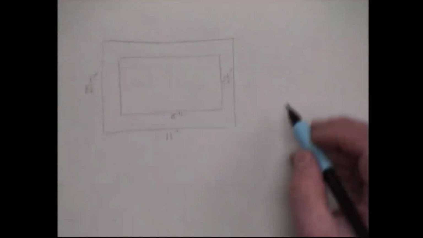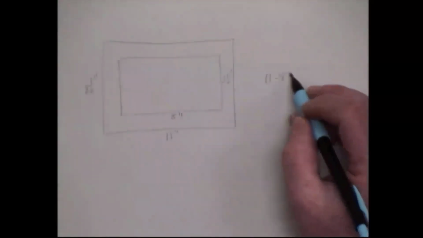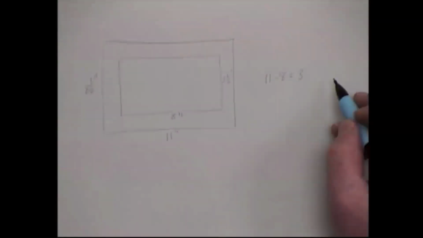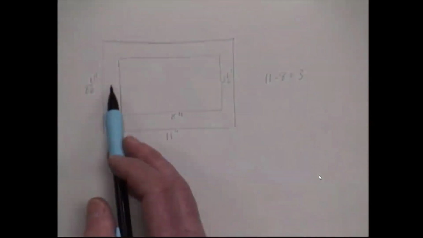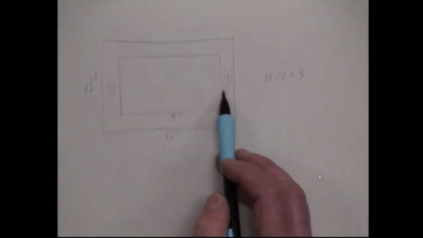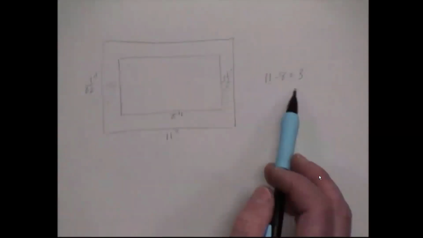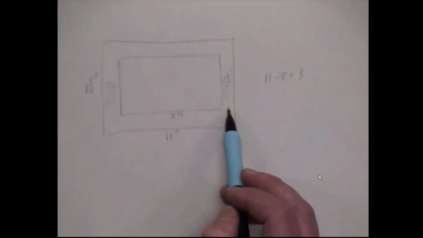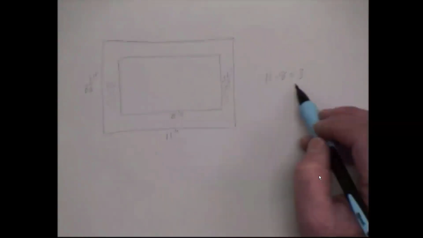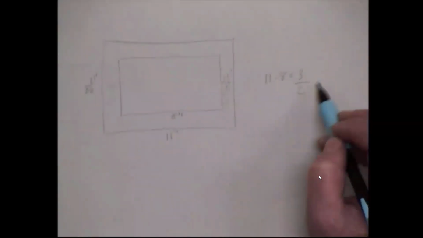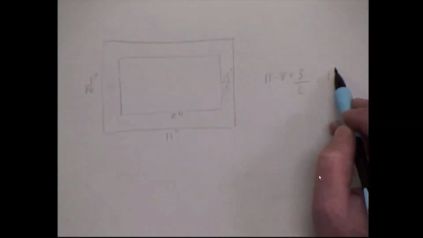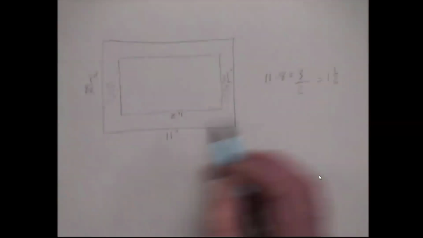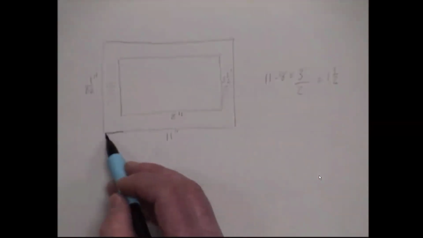So we're going to take 11 minus 8, which is 3. Remember, we want equal distance on this side and this side. If I kept the 3, the drawing would be over here on the side of the paper. We don't want that. We want two equal distances. So we divide that by 2, which is 1.5, and that's how far we're going to go over.